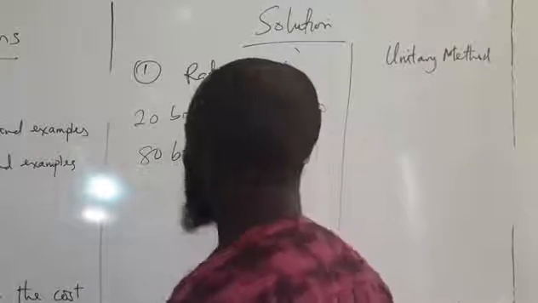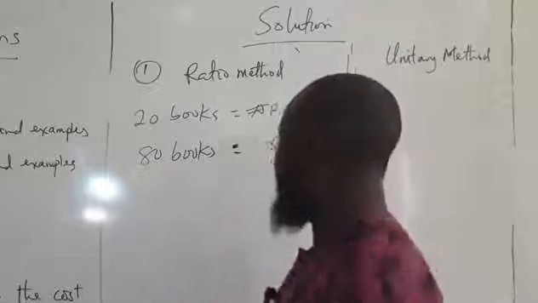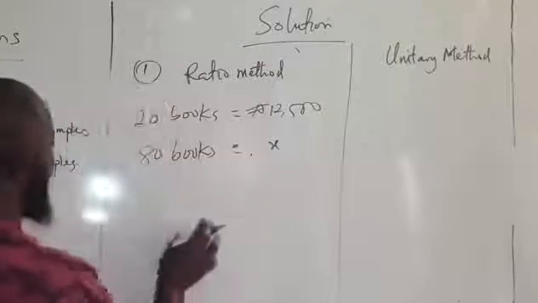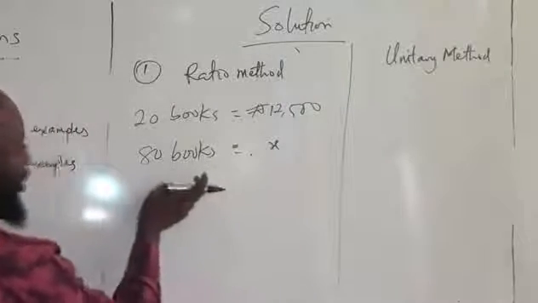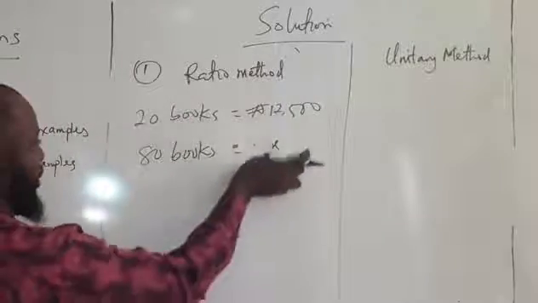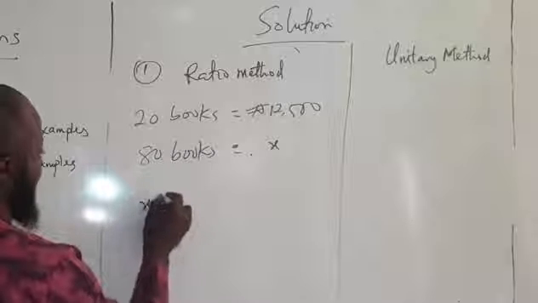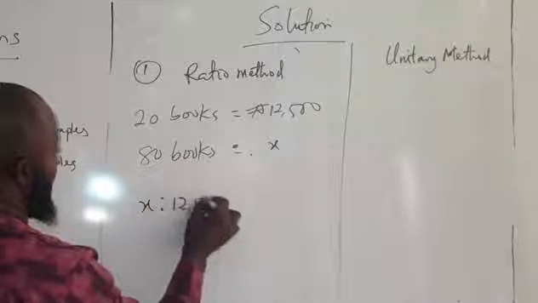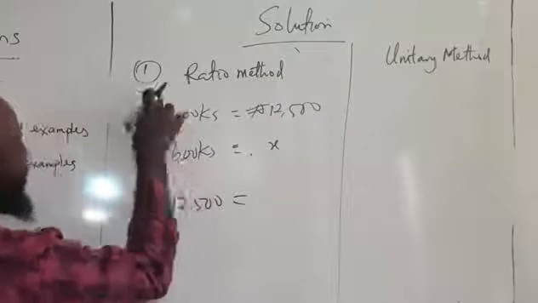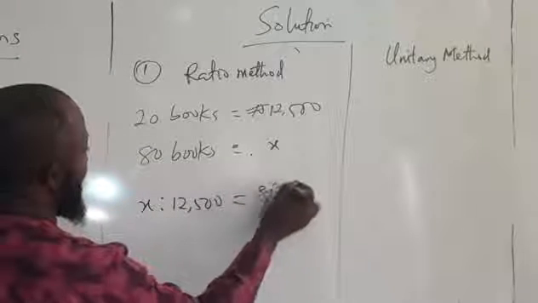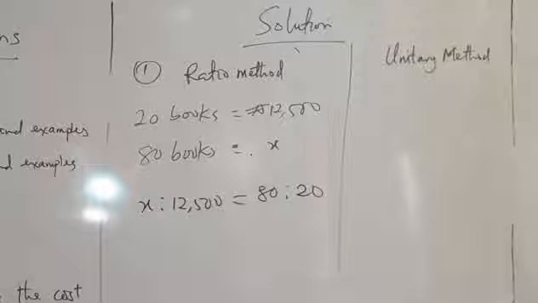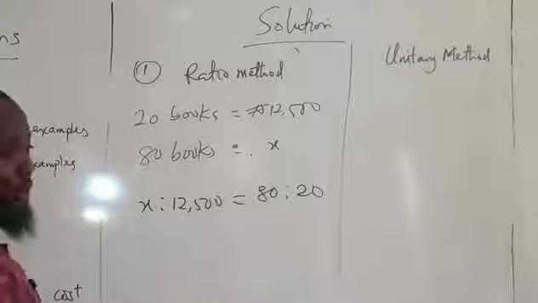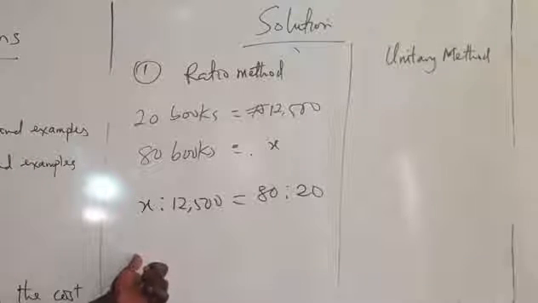Let it be X. So in this case, we are going to set the ratio of cost to the ratio of books. So the ratio of cost, that will be X to 12,500, must be equal to the ratio of this one, which is 80 to 20.